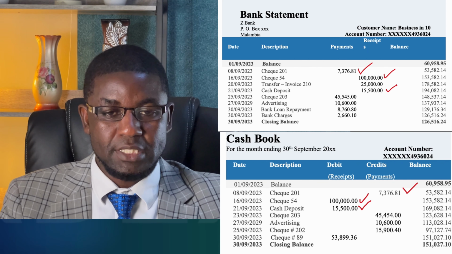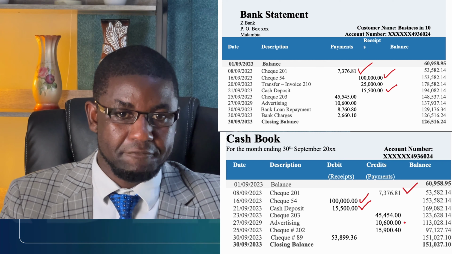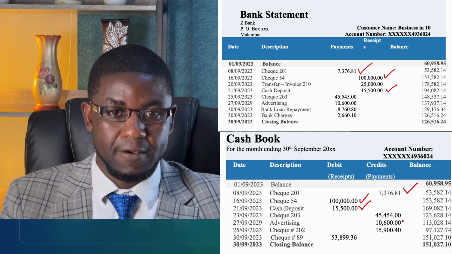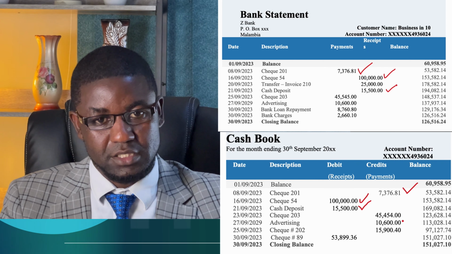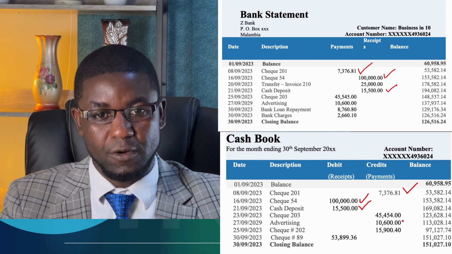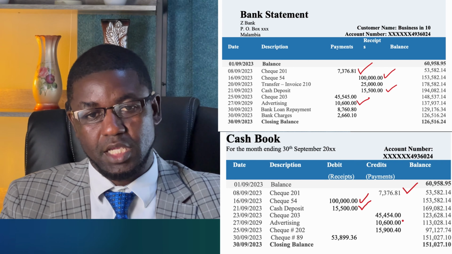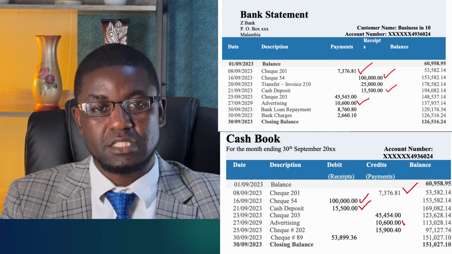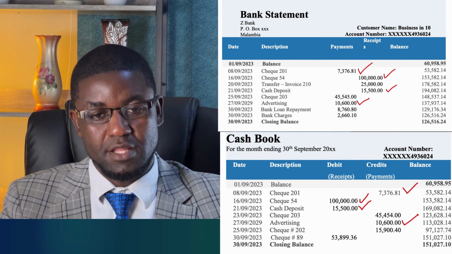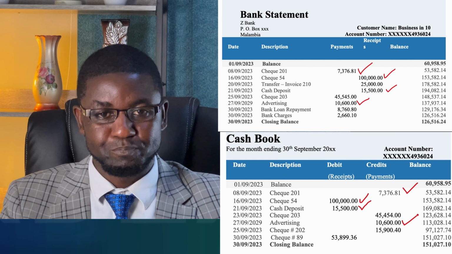And on 27th September, we have advertising 10,600. The same appears also in the cash book. So we are going to tick in the bank statement and we are going also to tick in the cash book.